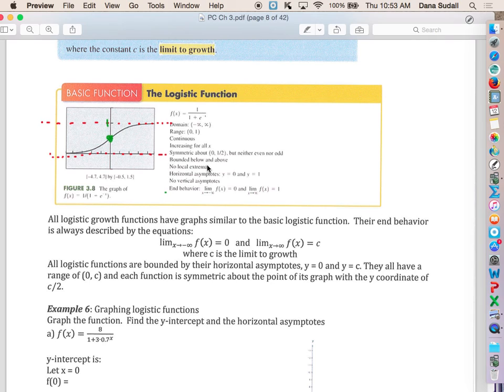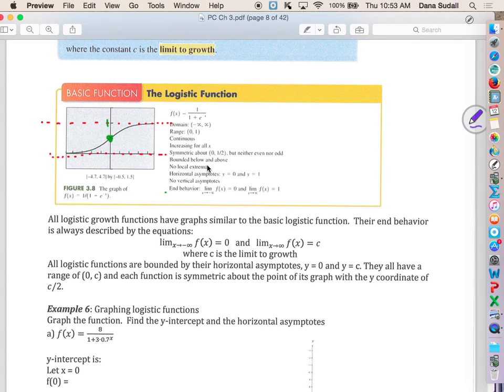So you can find this point of symmetry, this green point up here. This one's kind of deceiving because this one is right on the y-axis, but that symmetry point doesn't have to be right on the y-axis. It may be somewhere else.